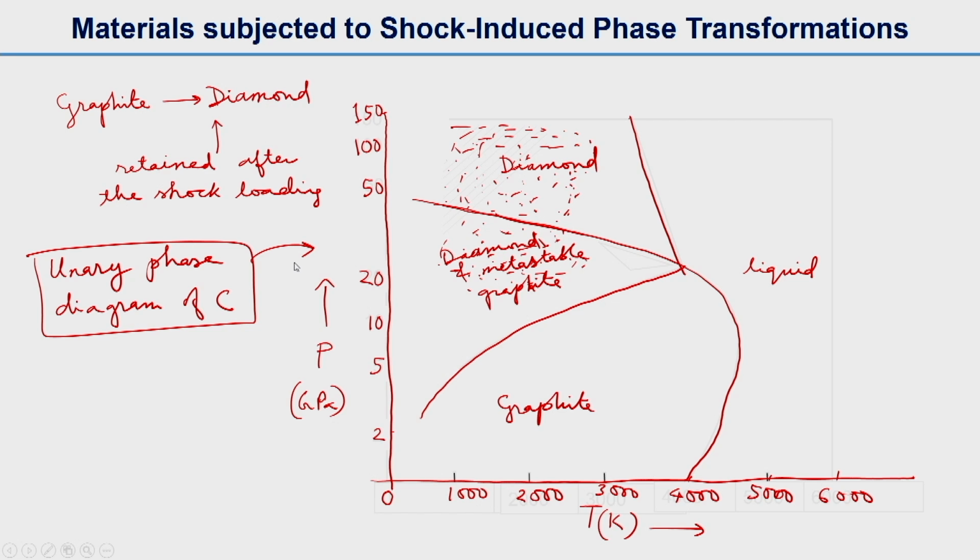And the first researchers to report graphite to diamond transformation using shock loading were D. Curley and Zemison.